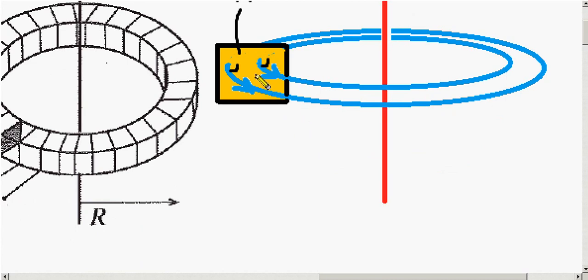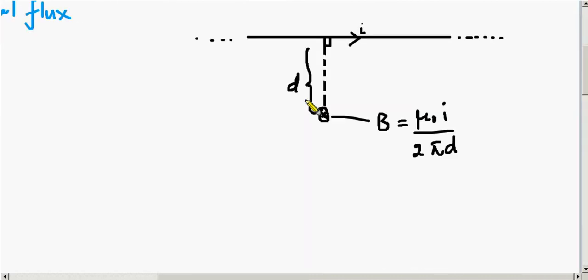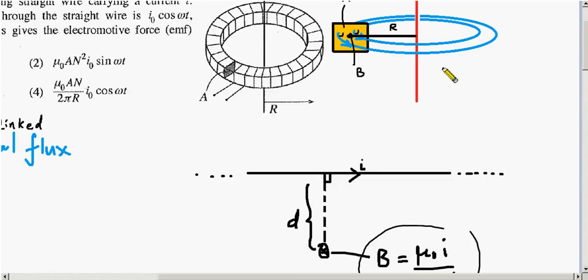So we have to remember the equation here which gives flux density B. If we don't know flux density, we can't find the answer. The flux density at a point at distance r from the straight wire, that is what we learned in the lesson, μ₀I divided by 2 pi d.